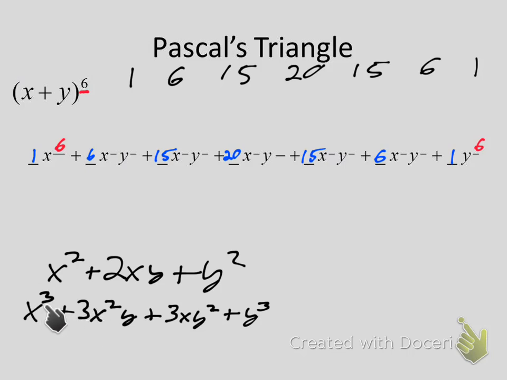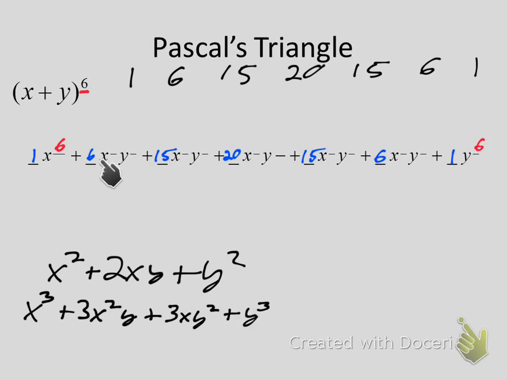From x, it went down. Subtract 1, right? Went from 3 to 2. Then from here I went from 2 to 1. From here I went from 1 to 0.